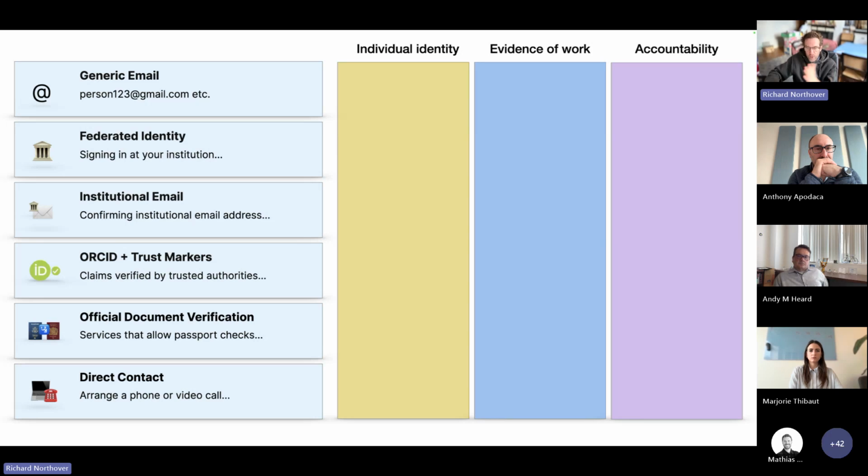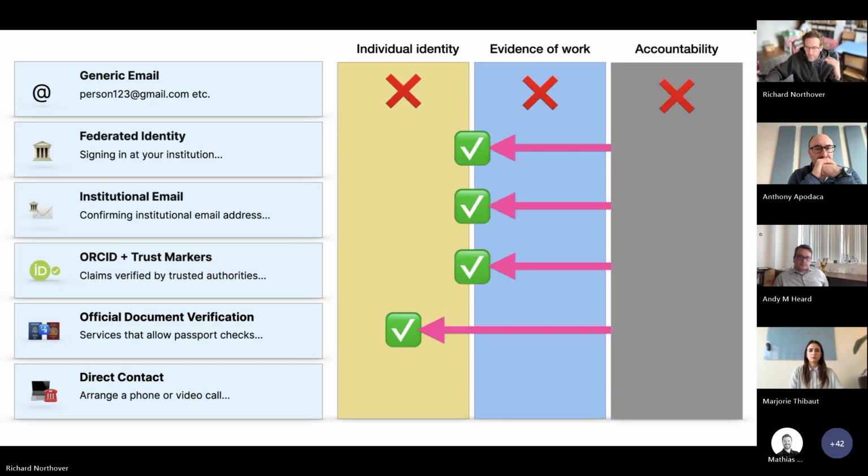We can look at what each of these provides just as a quick overview, and we can see that non-institutional email doesn't give us anything. Anybody could generate any of those Gmail addresses, any number of them, and so it doesn't give us any concrete evidence or route to accountability.